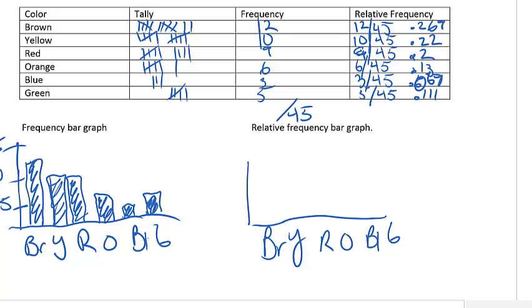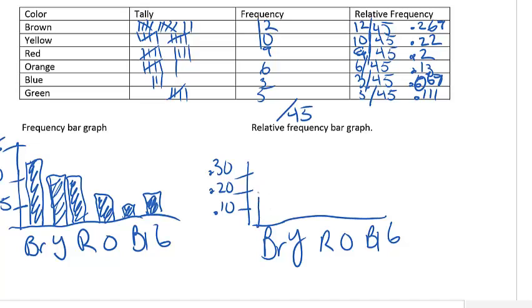Now, instead of counting the frequencies, we're going to count the relative frequencies going up. So it looks like 0.27 is the highest, so I'm going to count by tenths for that. Now you're going to notice it's going to have a similar shape to it.